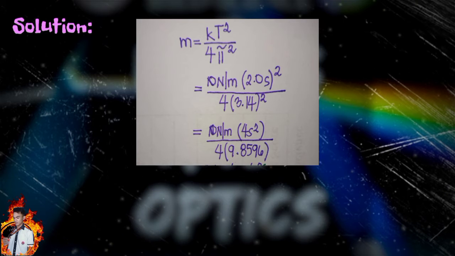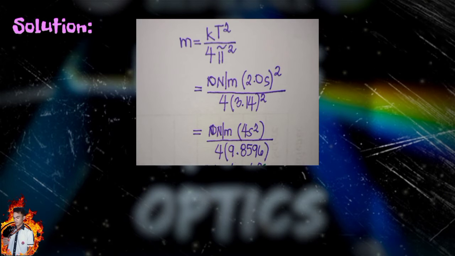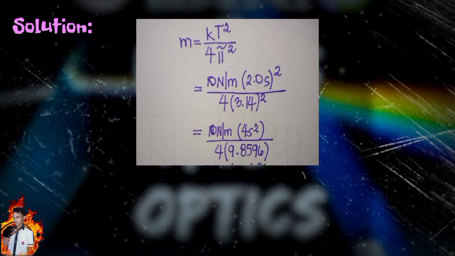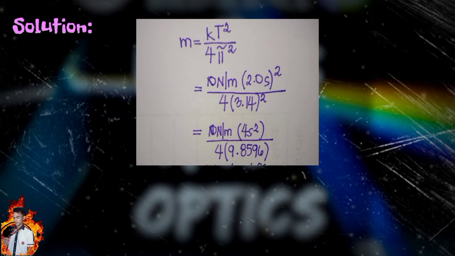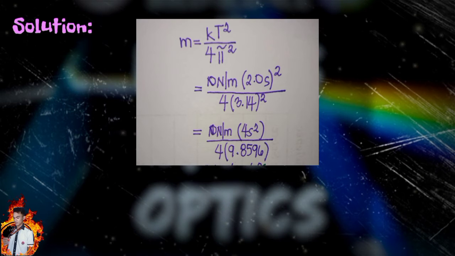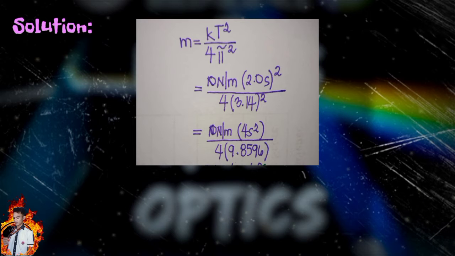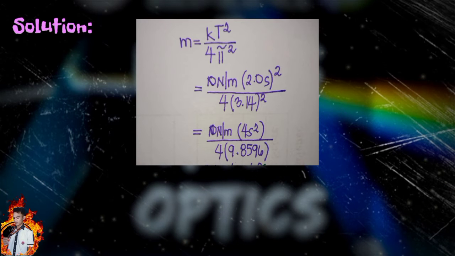2.0 seconds raised to the power of 2 is equal to 4 seconds squared, and 3.14 raised to the power of 2 is equal to 9.8596.